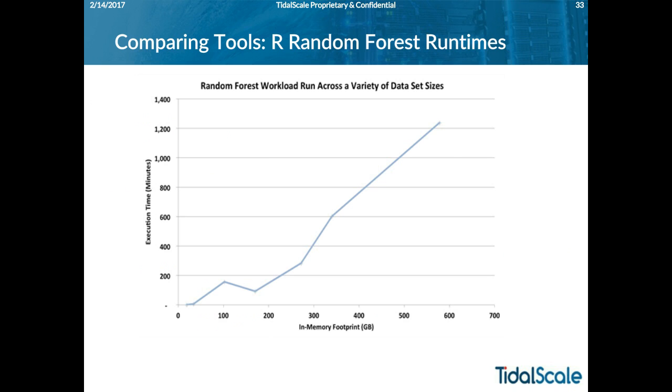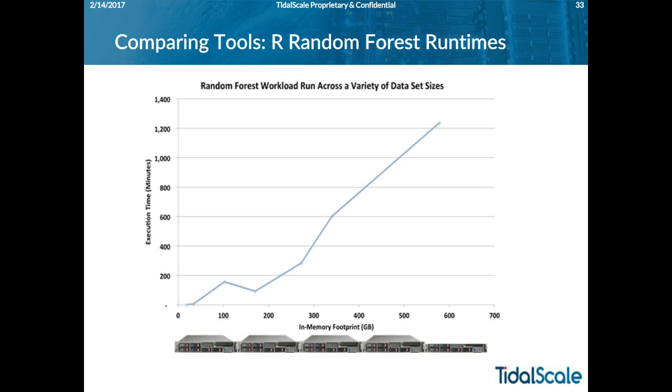All right, so now let's say we want to compare the run times. We want to look at the specific tools we have here. As your memory footprint goes up, and you're using random forest, your execution time increases. But you don't fall off that memory cliff.